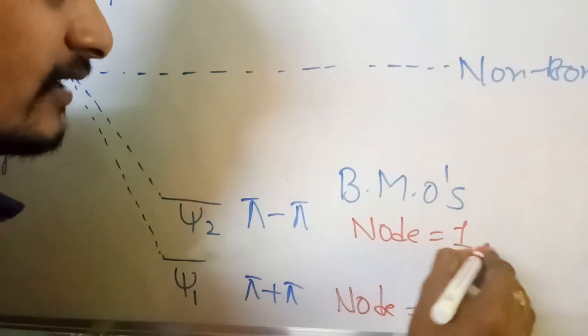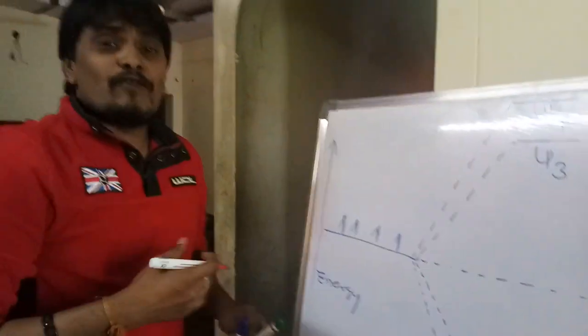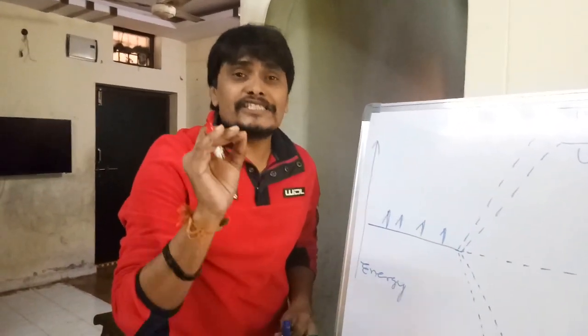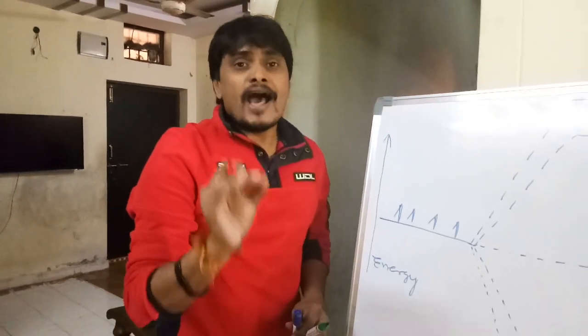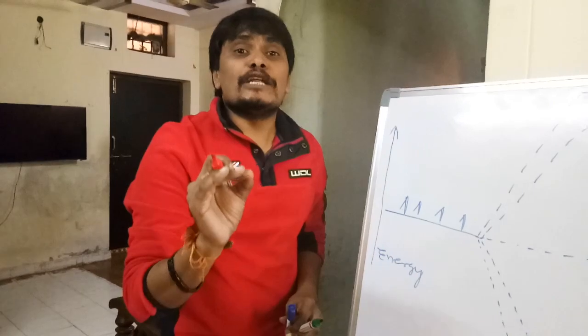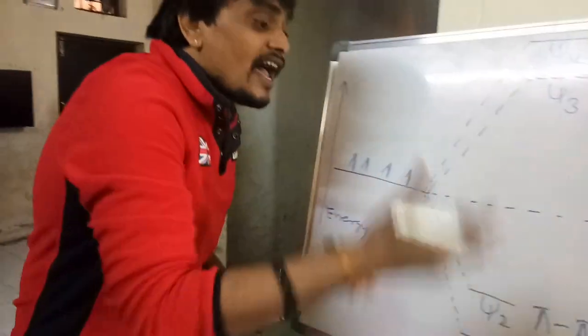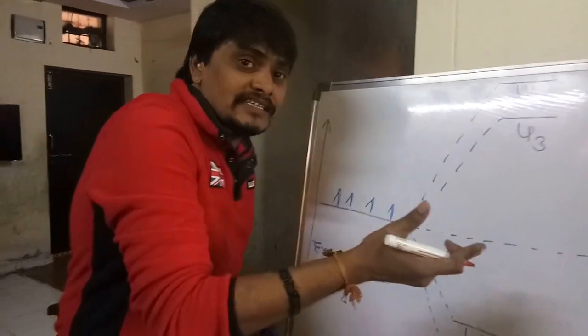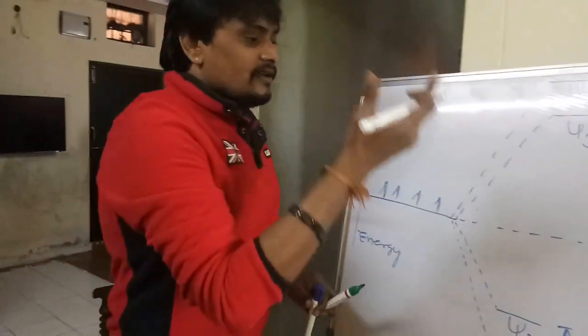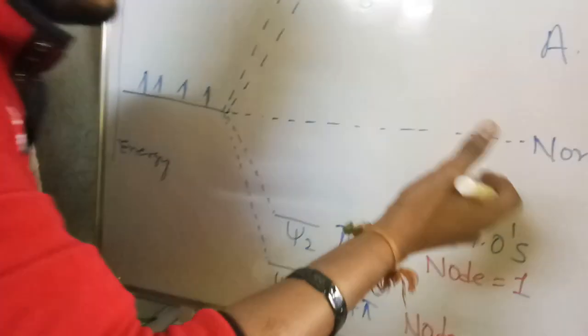How are we deciding the energy level of these molecular orbitals? Based upon the simple relation between the node and the energy. Node is directly proportional to energy, and as we are moving up, the energy increases, so the number of nodes also increases, right? Now we have talked about the bonding molecular orbitals.